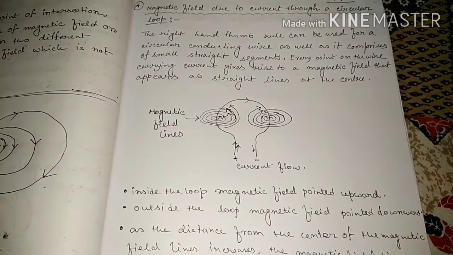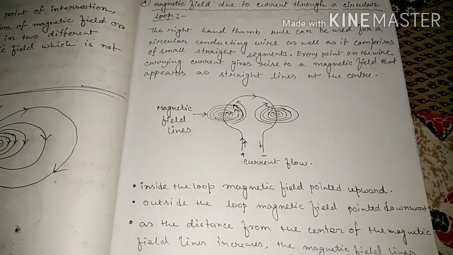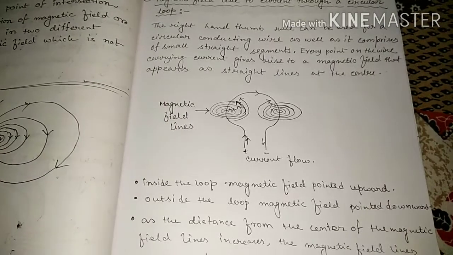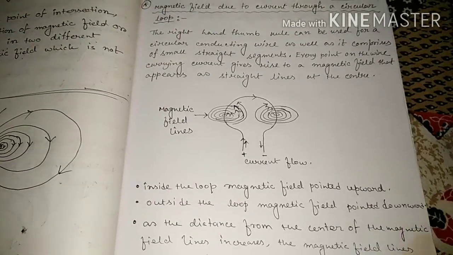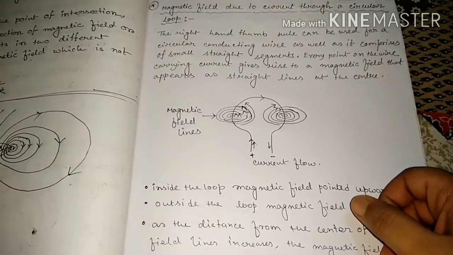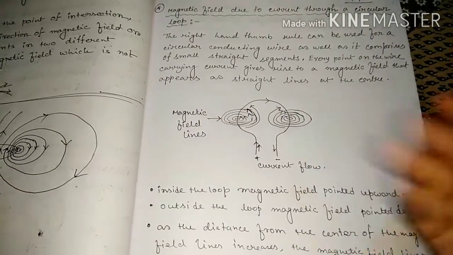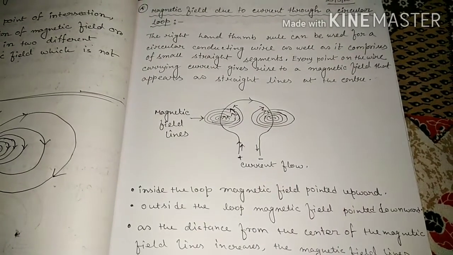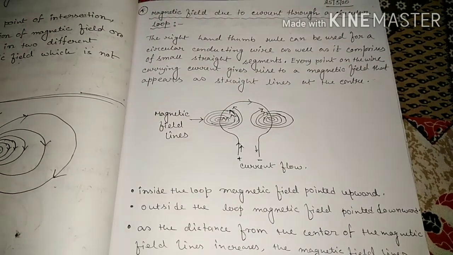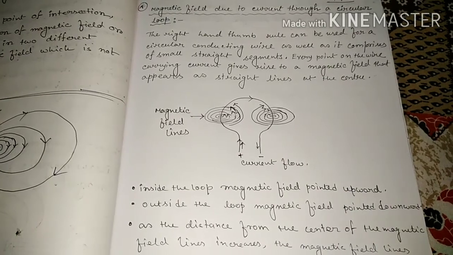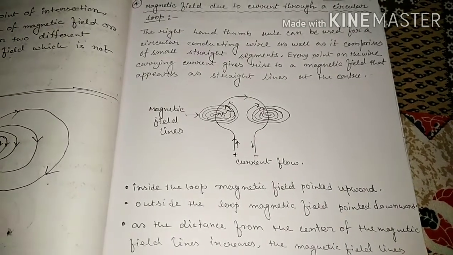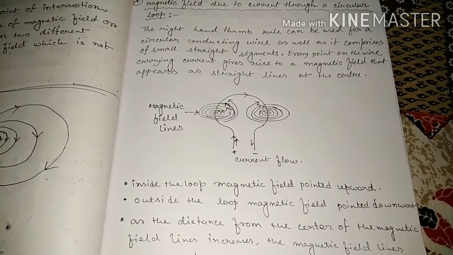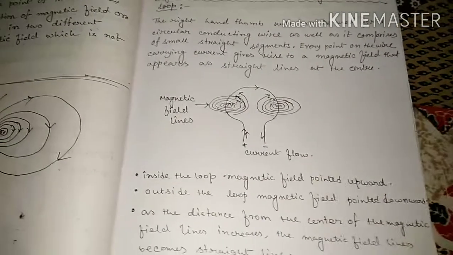When a current is flowing through this circular coil, we know from the Oersted experiment that the electric field as well as the magnetic field is also created around the conducting wire or coil. So here, to determine the direction of the magnetic field, we also use the right hand thumb rule.